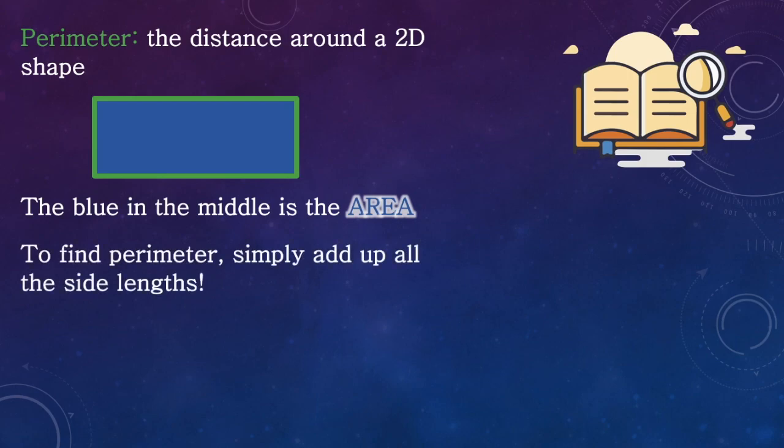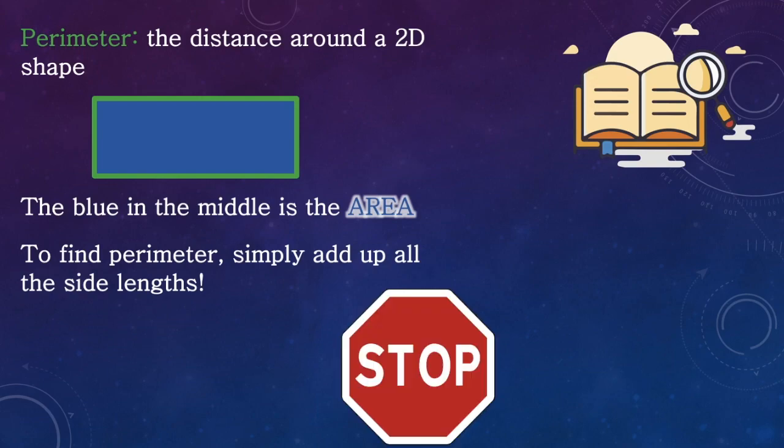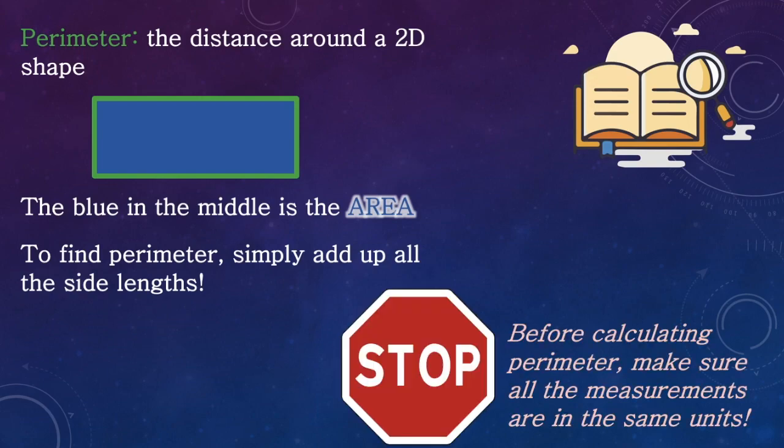So to find perimeter, you simply just add up all the side lengths, right? Now, before you do that, you should be stopping yourself because you have to make sure that all the measurements of all the sides are in the same units. We could try to trick you up by putting the height, for example, in millimeters and then the length in centimeters.